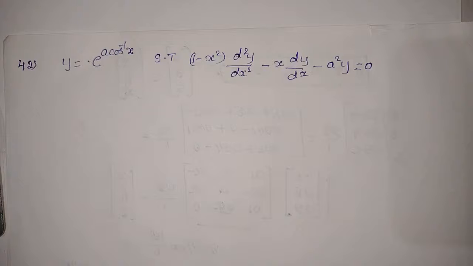Clear? So how to show that 1 minus x square into d square y by dx square minus x into dy by dx minus a square y is equal to 0, by using the equation y is equal to e power a cos inverse of x? Clear, students? Yes. Let me solve the problem.